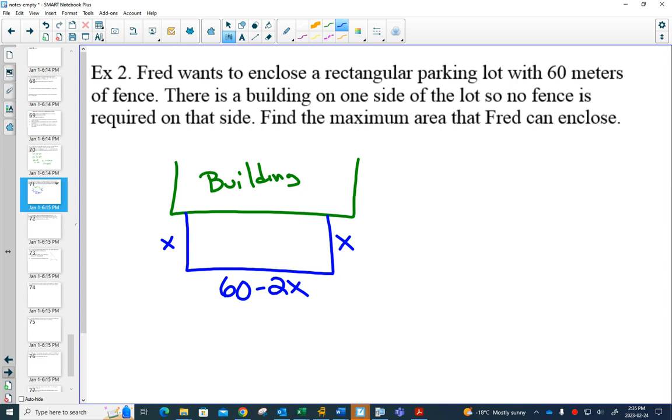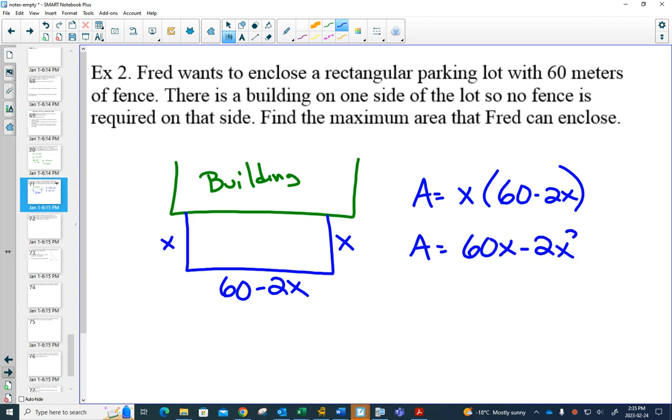So our goal is to choose one variable, write all of our information within that variable, and now we can write out a formula that our area is length times width. And if I distribute, I get 60x minus 2x squared.